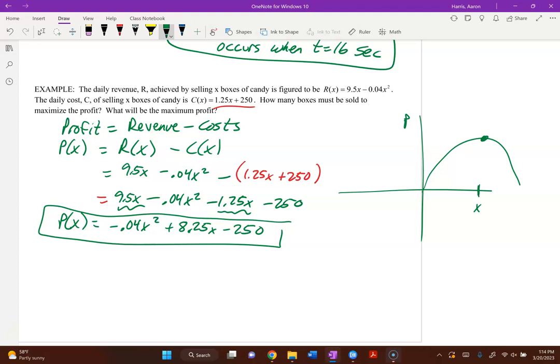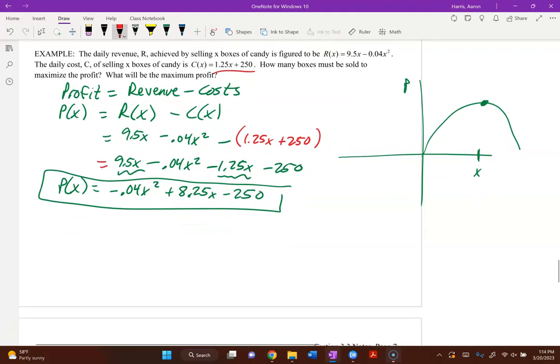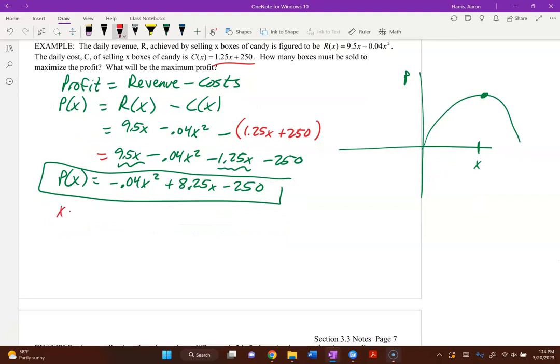And we're like, oh, well, once again, I just got to find my vertex, right? So axis of symmetry, here we go. Once again. So x equals negative b over 2a is our axis of symmetry. So negative, our b here is 8.25.